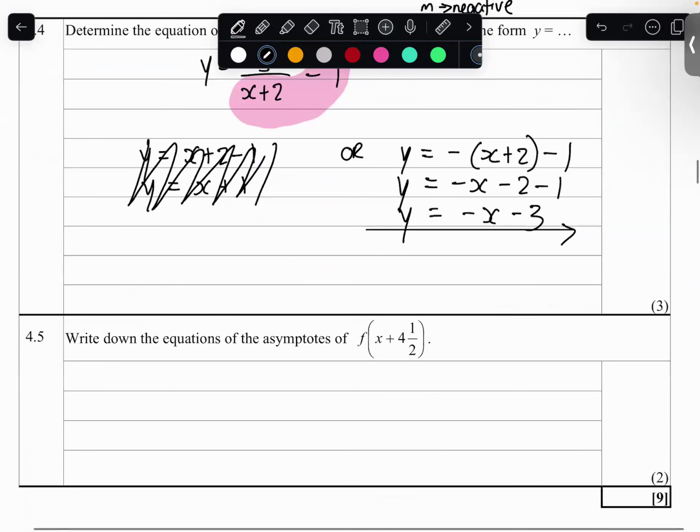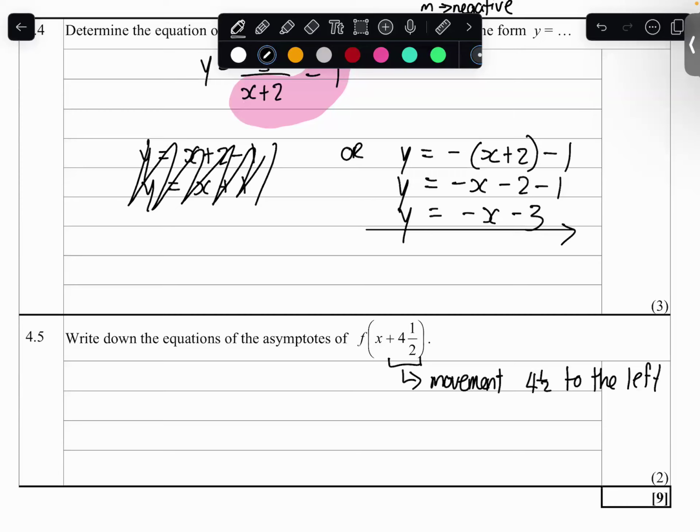Okay, write down the equations of the asymptotes of f of x plus 4.5, which means that this is a horizontal movement because you're adding to x. It's a horizontal translation 4.5 units to the left.